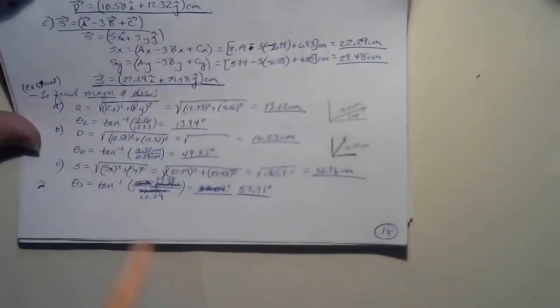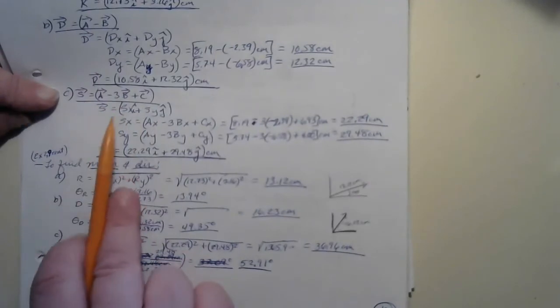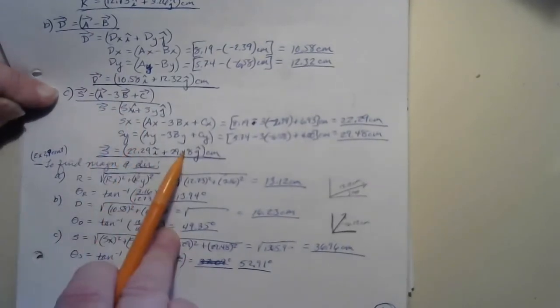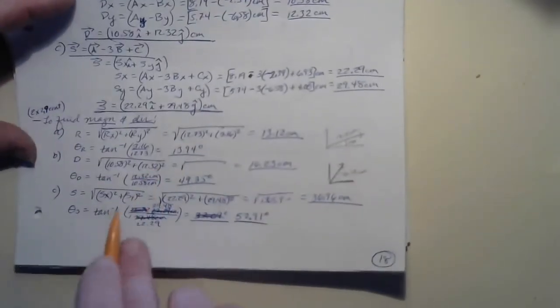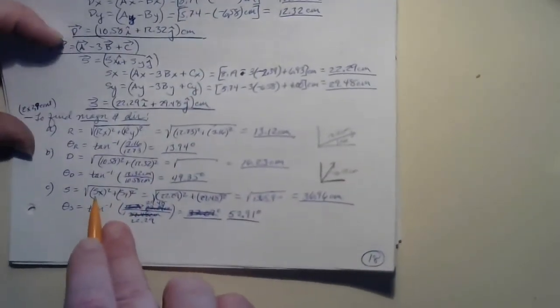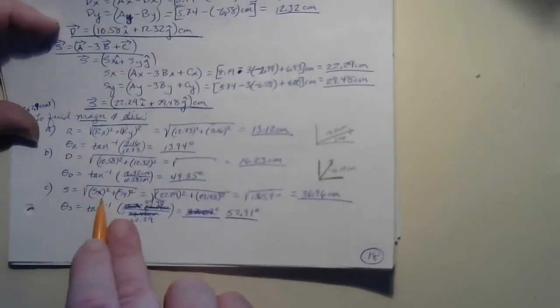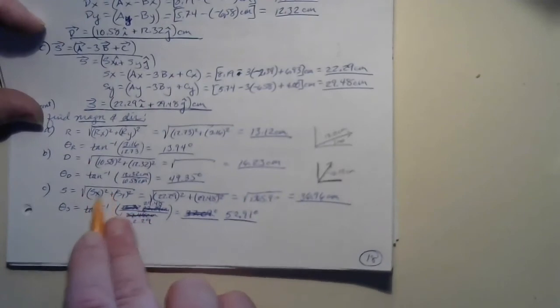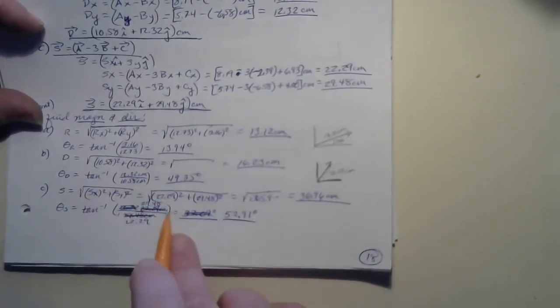For S, we had to go through all this rigmarole to find out what S was, but once we have the x and y components for vector S, finding the magnitude and direction are pretty easy. So again, the magnitude of S itself should just be the x component squared plus the y component squared, take the square root of that.